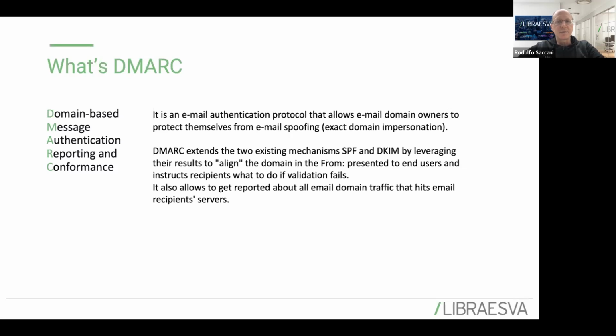And it does it by enforcing the alignment between what is written in the header from and the SPF and the DKIM validation. So we will see now how it works in detail. But the main target is this: make sure that what the user sees in the from field is reliable.